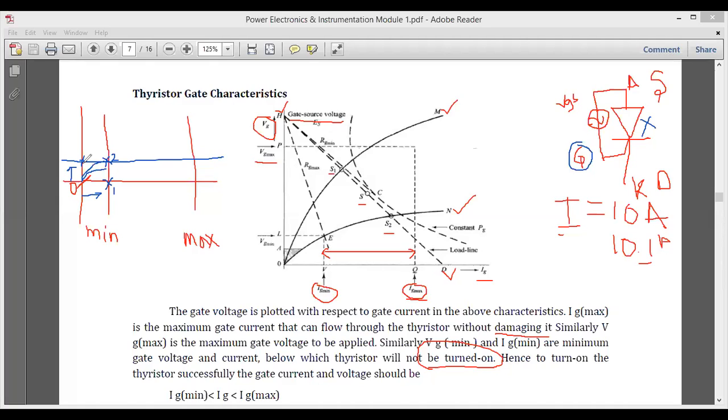Then what should I do? I should increase my gate current and gate voltage to at least the minimum gate voltage and minimum gate current.